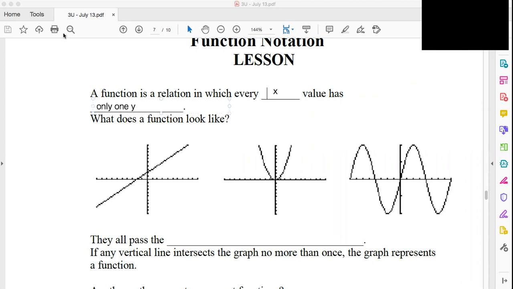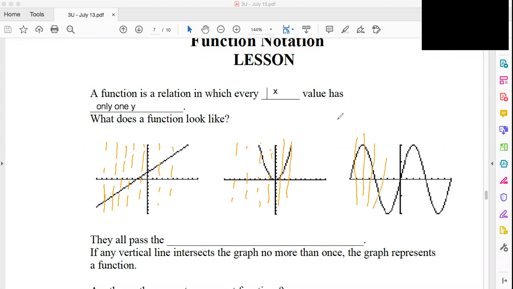Okay, so that means that if we were to look vertically like this, there's only ever going to be one point on that graph. Same with this, there's only one point as we're looking down the graph like that. Only one point, and that's what a function is.